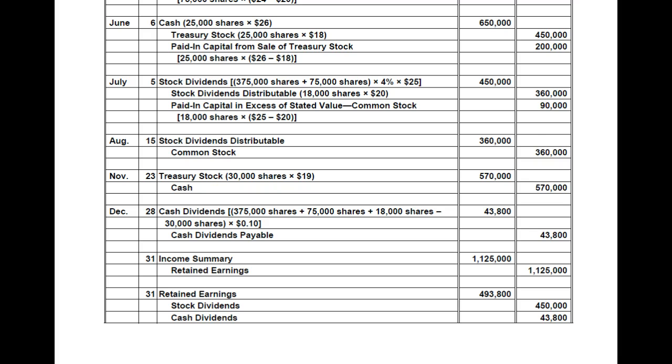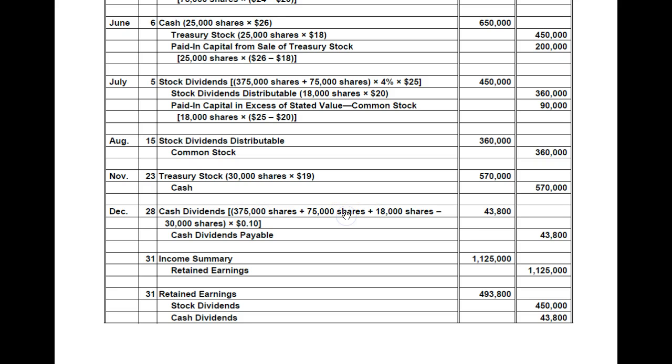And then on December 28th, we declared a cash dividend. Let's see, declared a 10-cent per share dividend on common stock. And how did that all come out? Well, we have a cash dividend, and we have to figure out our shares, don't we? Well, we started with 375.